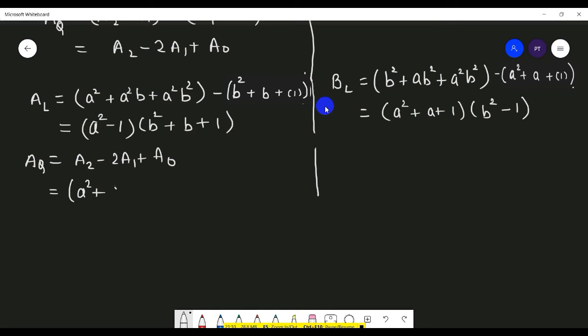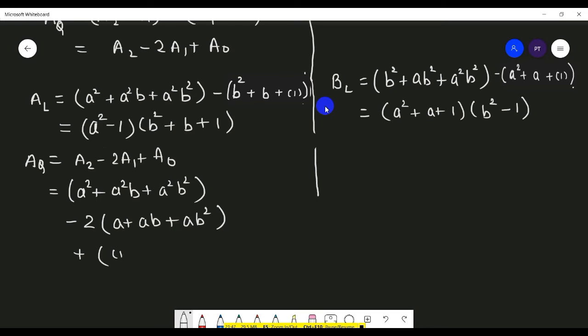So a square plus a square b plus a square b square minus 2 times the sum of all the yields for which factor A is at intermediate level, so a plus ab plus ab square, plus the sum of all the yields for which factor A is set at low level.